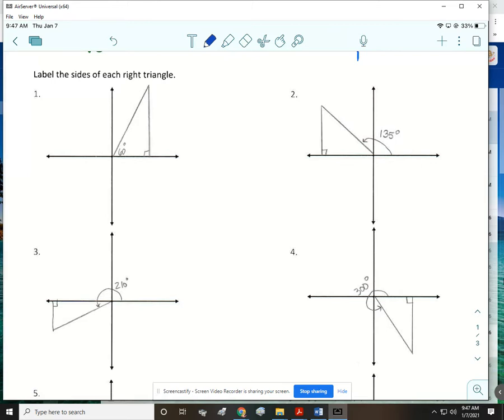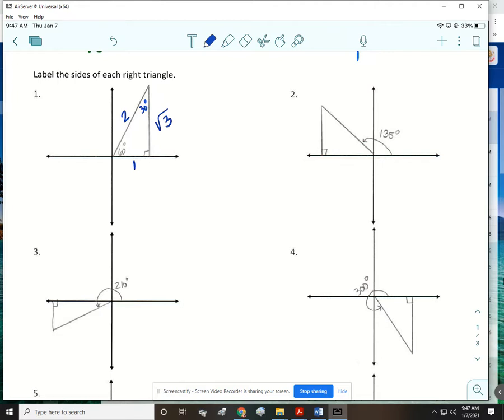So I automatically know if this angle is 60 degrees, this angle is 30 degrees, and opposite of 30 degrees is 1. The hypotenuse is 2, and opposite of 60 is the square root of 3. All right, so that's what I would do.